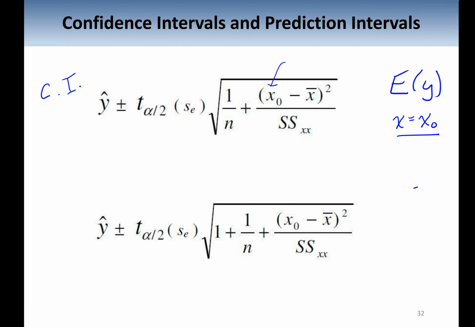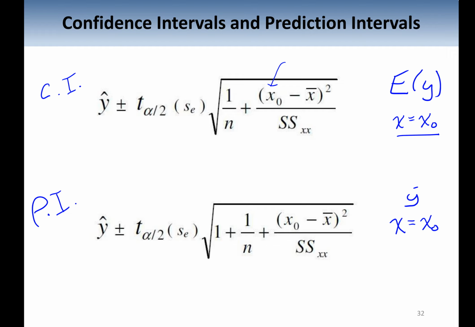So this second one is not a confidence interval, it is a prediction interval. We call it a prediction interval because if we have a new observation, x naught, we can plug that into the regression and get y hat. But instead of predicting the average y, we can just predict a single y.